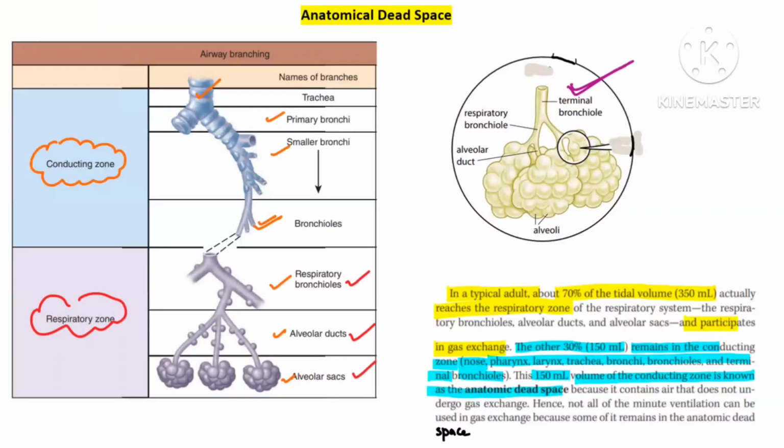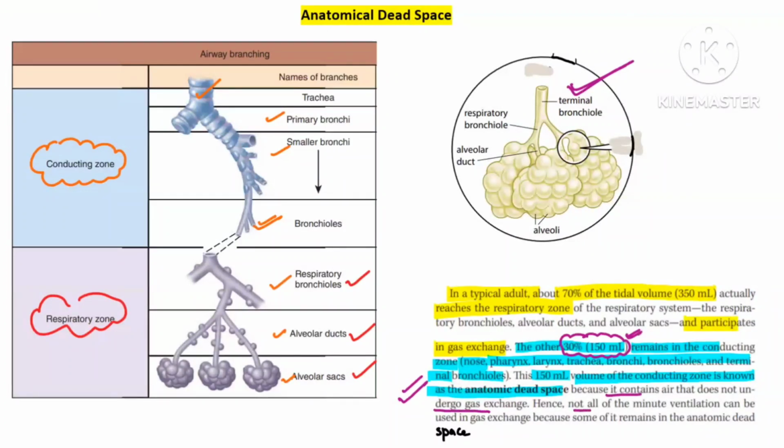This is very important. Please understand, anatomical dead space value is 30% of the total tidal volume. If tidal volume is 500, it means 150 ml is your anatomical dead space. 150 will be trapped here only, and it contains air which does not undergo gaseous exchange.